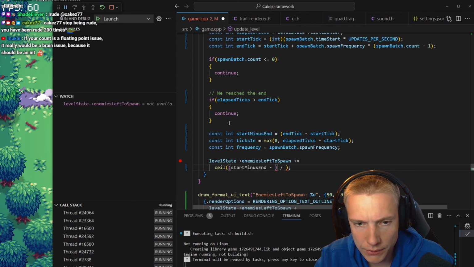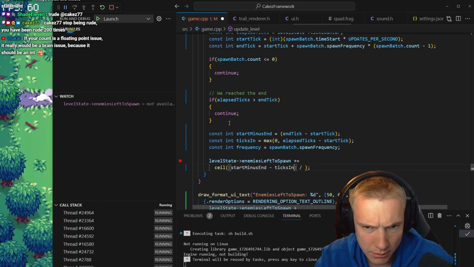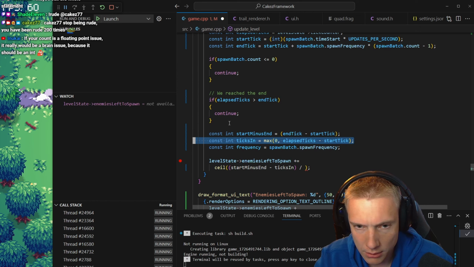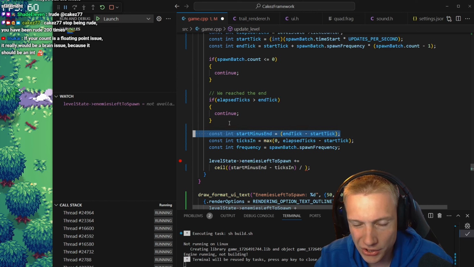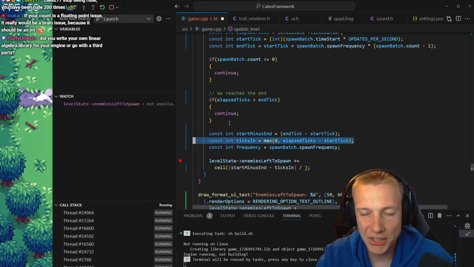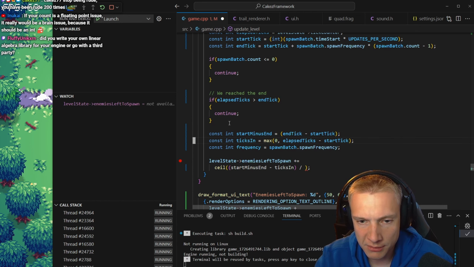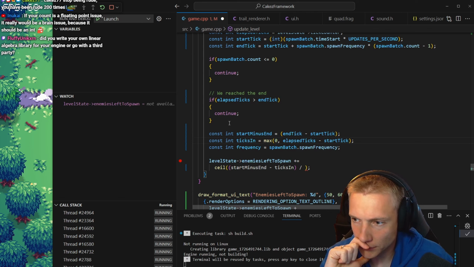We remove the ticks in. Oh, wait. How many ticks are we in? Wait, do we even need that? The start minus end? If we are no ticks in yet. Though we could be 1 tick in, though.